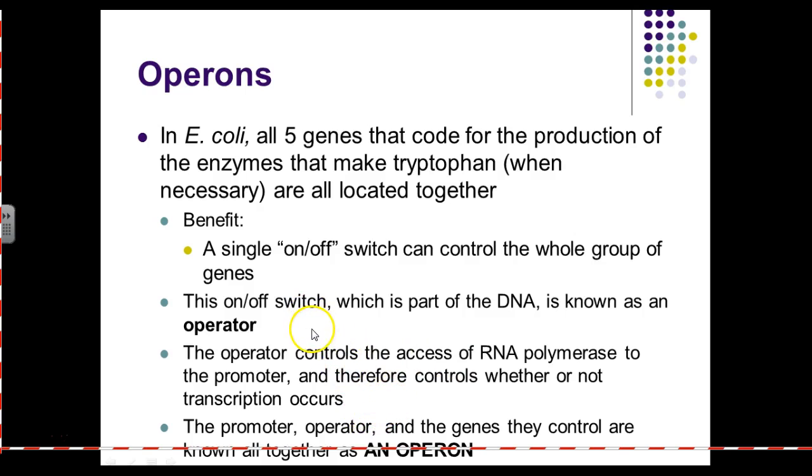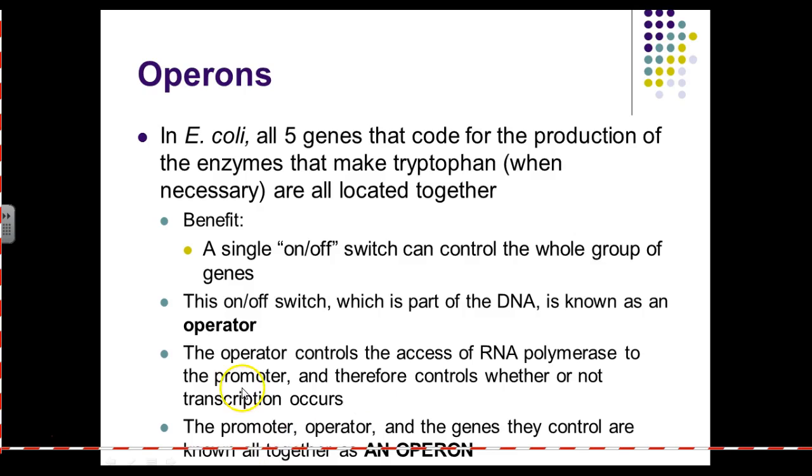So this operator, this on-off switch, controls access to that promoter region. If the polymerase cannot access the promoter region, then we know that transcription cannot happen. But as long as it can access it, then we know protein synthesis, transcription, and translation will happen.